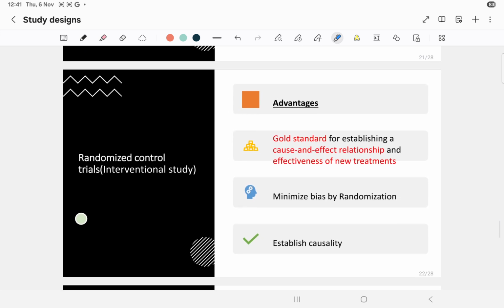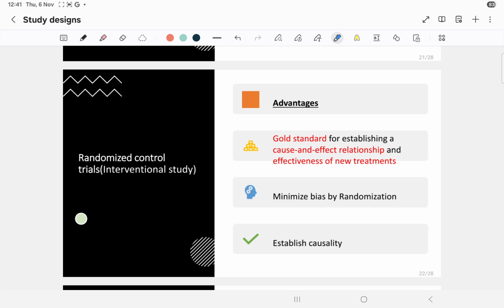Advantages: it is the gold standard for establishing the cause and effect relationship and the effectiveness of a new treatment, as I have already mentioned. It is very important to minimize the bias in such studies. Why? Because they are conducted in a controlled environment, so there is a lot of chance that there will be bias, right?